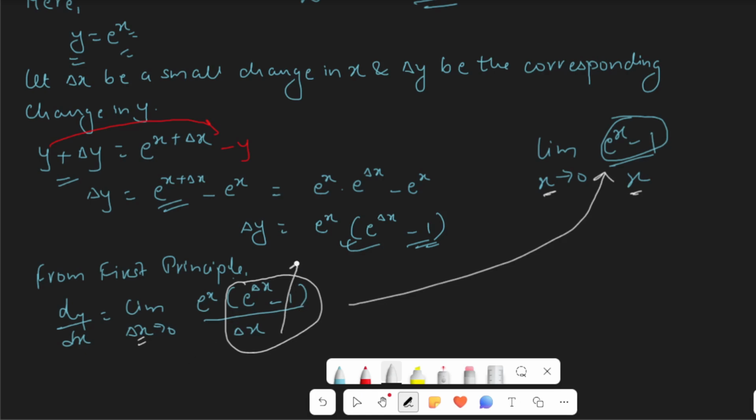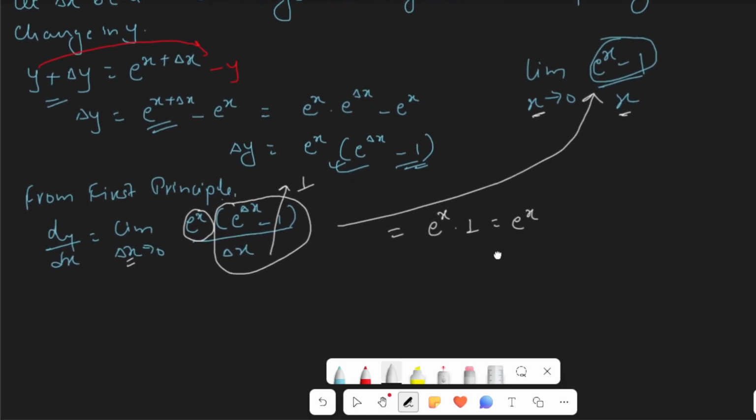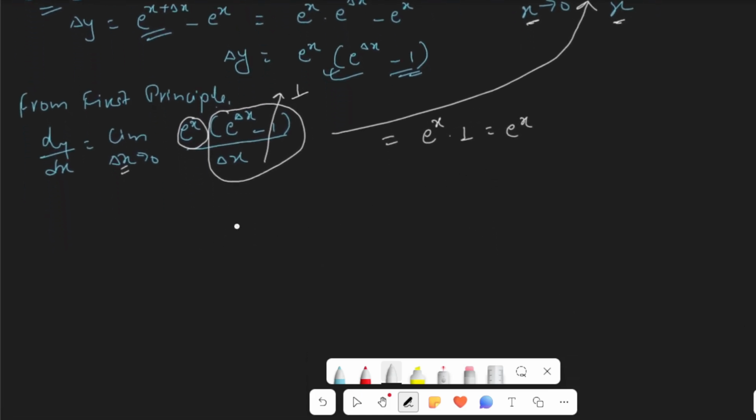So this limit will go to 1. So the derivative will be e to the power x times 1, which is e to the power x. So this is the only function whose derivative is equal to its original function, and that is dy by dx is equal to y. Equivalently, we can write d e to the power x by dx is nothing but e to the power x.